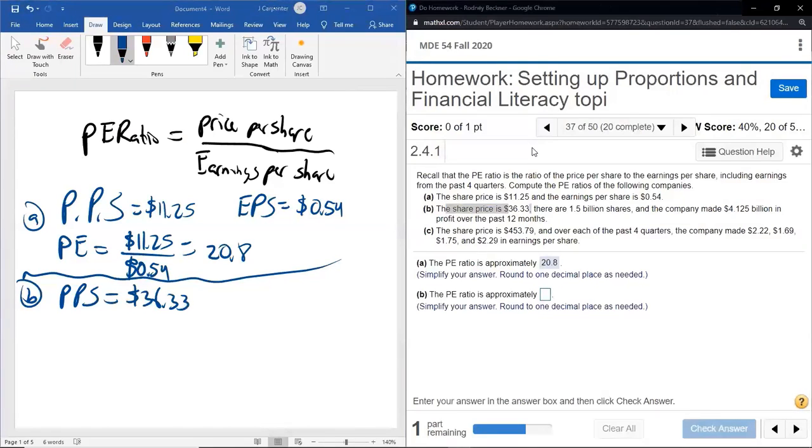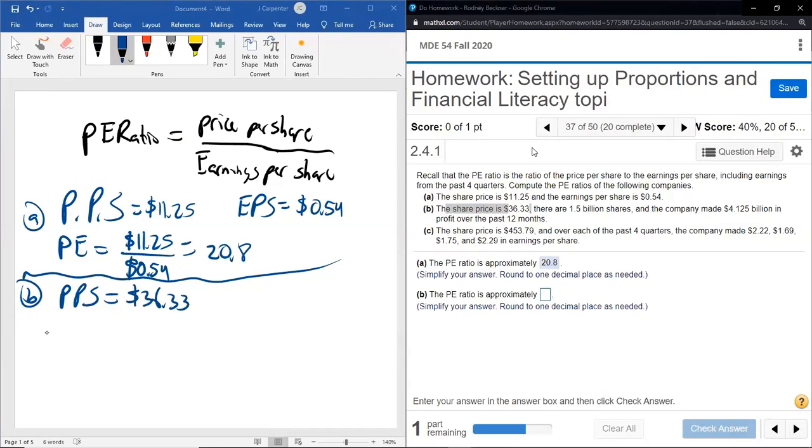That would actually be a ton of earnings per share. The fact that these numbers are in billions is generally a clue to say, well, I'm not just going to be dividing these two things. The two things we're dividing are prices. Dollar amount, dollar amount. 1.5 billion shares is not a dollar amount. This is a dollar amount, but it's a ridiculously large dollar amount because it's all of the earnings, all of the profit, not a profit per share.